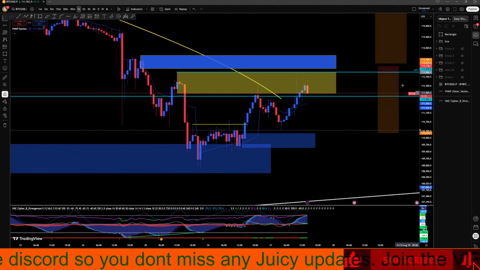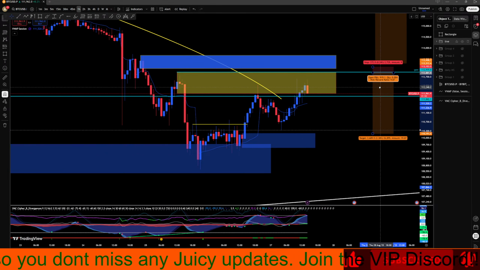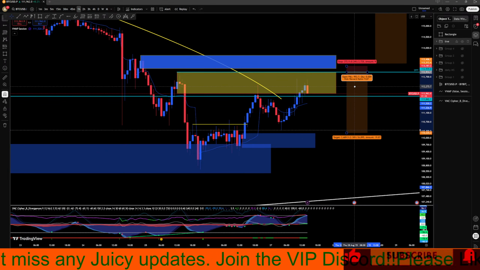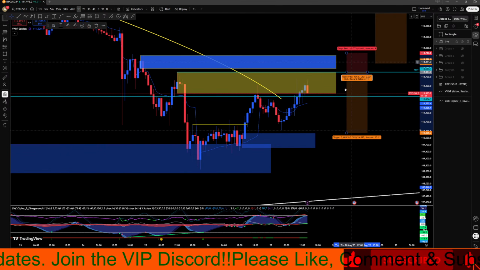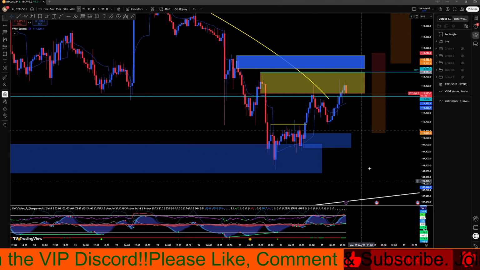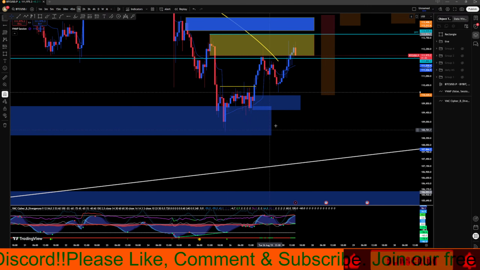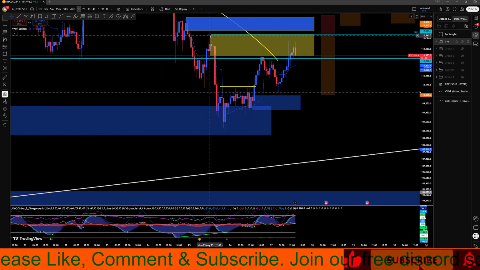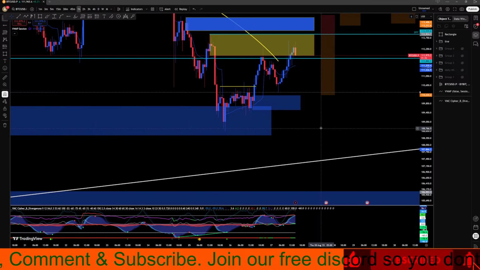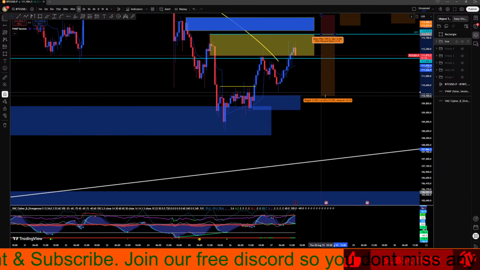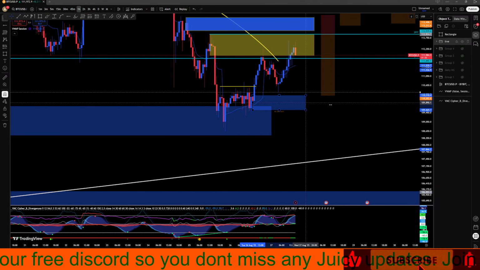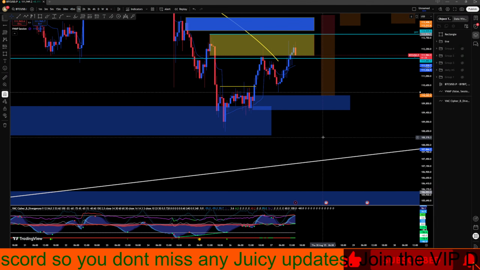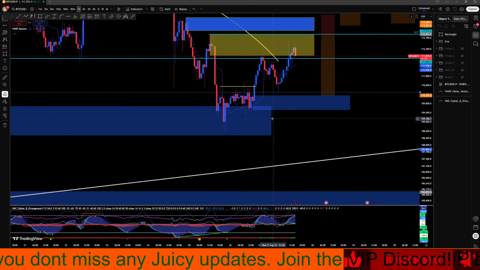So if we SFP, ideally I'd want to have my stop above here, and I'd be targeting the lows if we can push higher than this. TP1 would be this zone here, and we'd look down there for a long if we come down to this area.